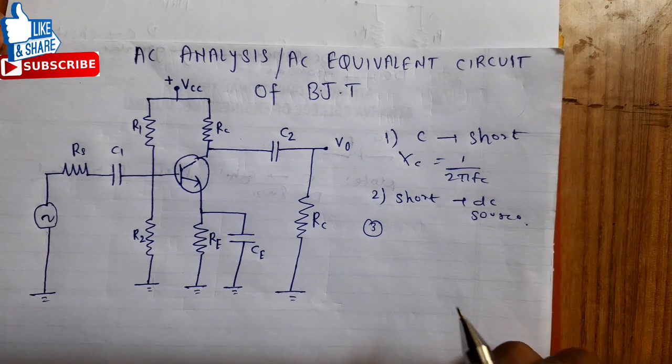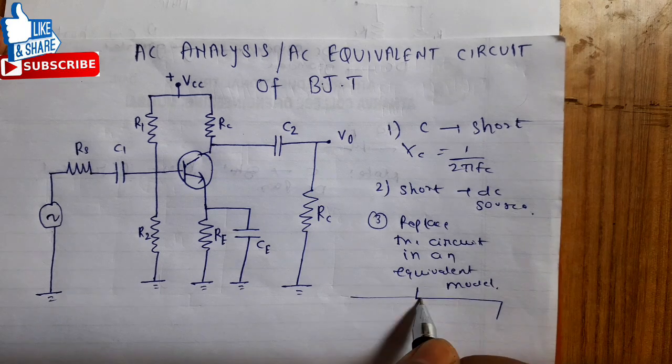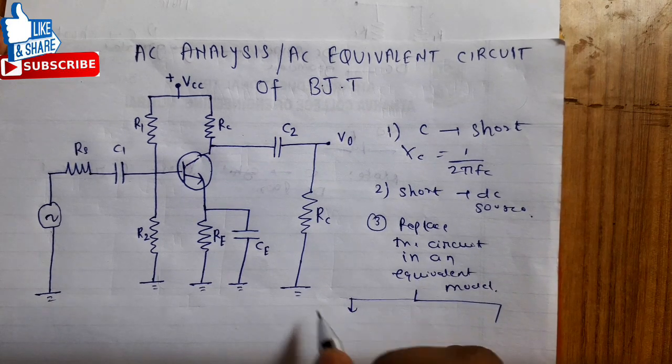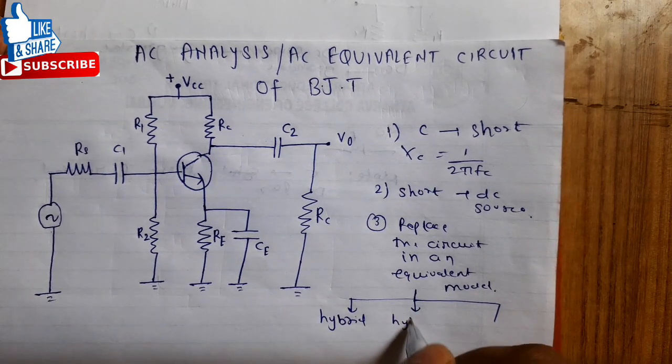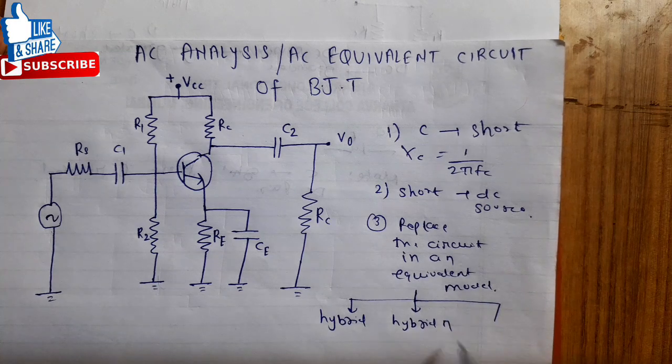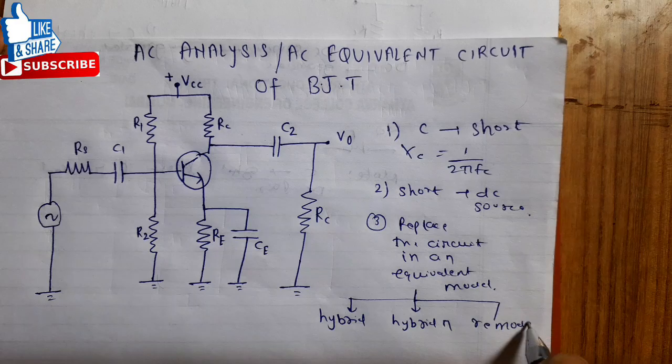Basically, there are three types of equivalent model. The first one is hybrid, the second one is hybrid pi, and the third one is the RE model.